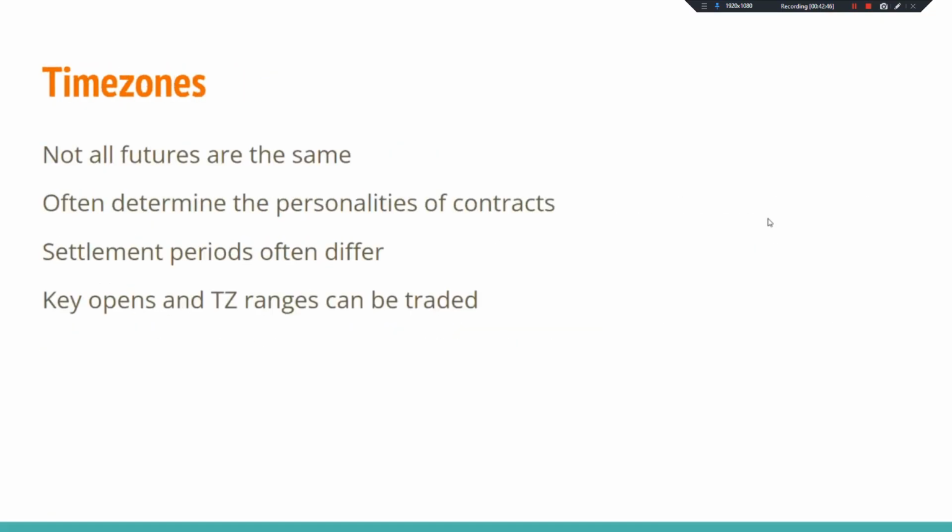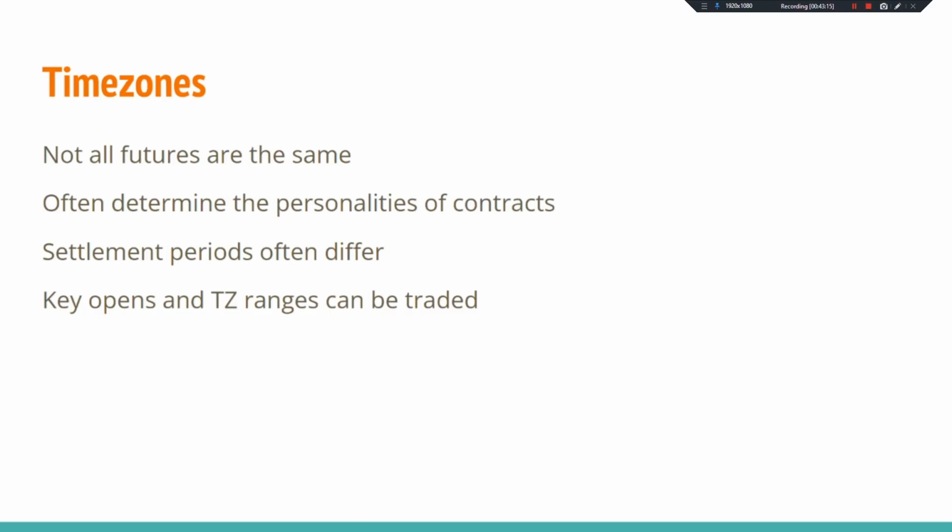So that was that. Yeah, time zones. Trading futures, you've got to be aware that there's a number of things. They're not all the same. Within each different instrument, there's often a leading and a reaction time zone. But there's essentially 3 key time zones for trading.